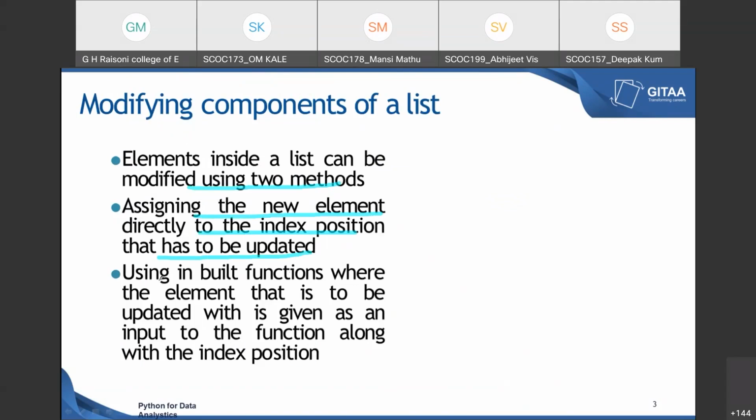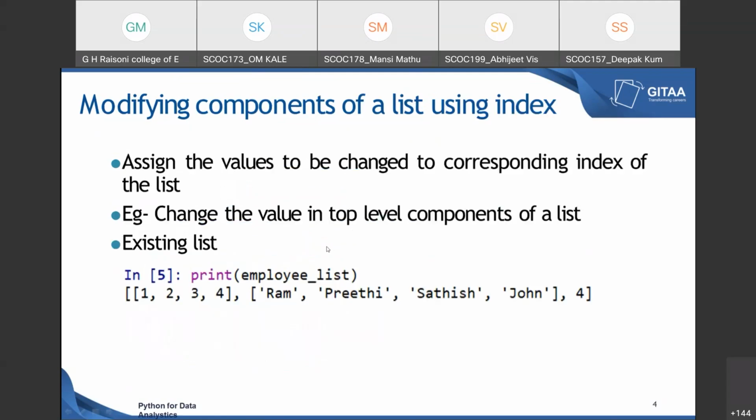Then, using a built-in function, where the element that is to be updated is given in the input function along with the index position. This is another method which is used for modifying the component. I will explain each method in detail with an example.